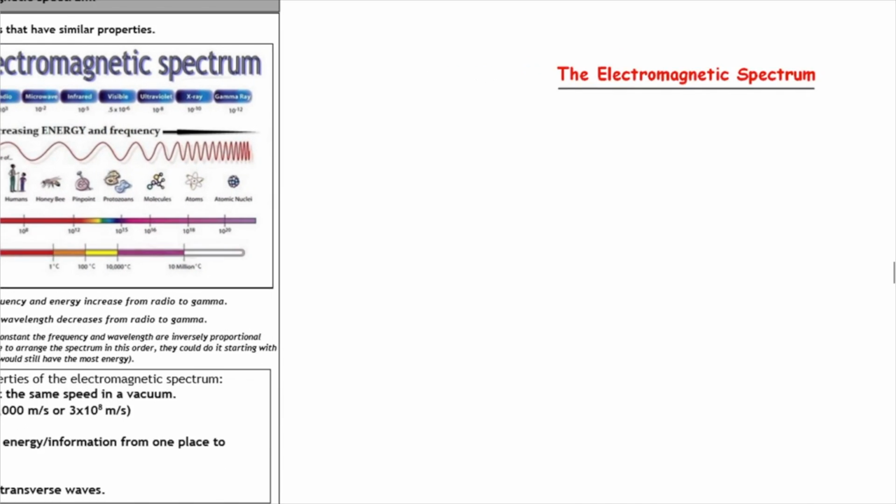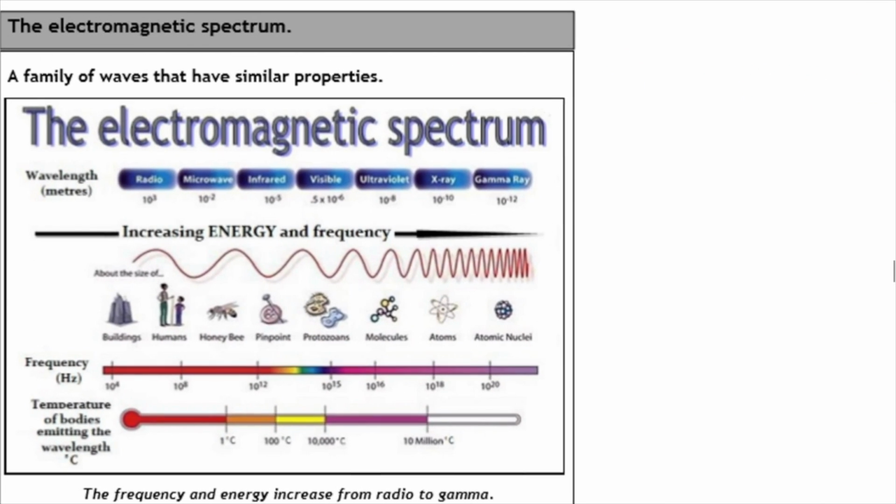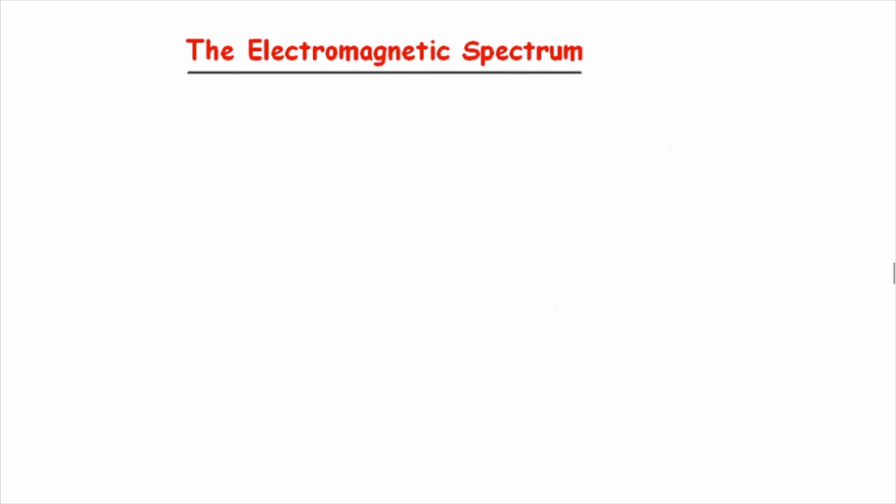Turn over to page 26. It's a blank page, which looks like this. What we are going to do now, together, is draw the electromagnetic spectrum, in order to help you remember and learn the different parts of the spectrum and the relationships of the different parts of the spectrum.